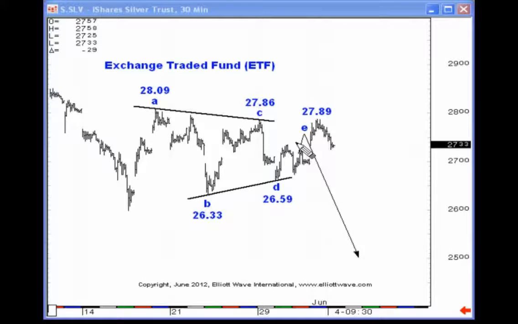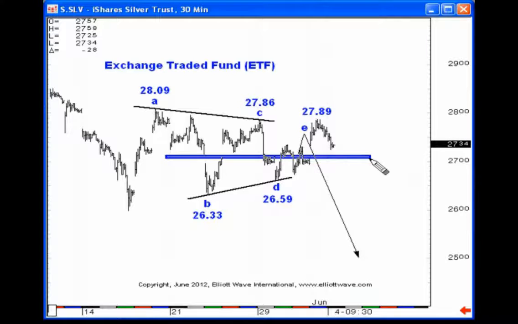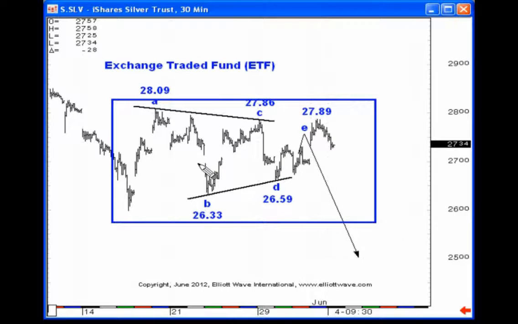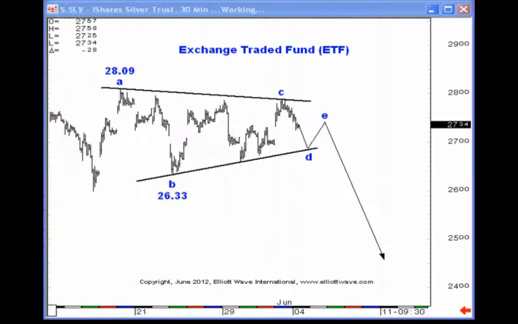But does it mean that this move will not be more than fully retraced, because it's very much a corrective wave pattern? This is a corrective price move, bottom line. I still believe it's a triangle, and in fact I'll continue to identify it as a triangle, as you can see here.